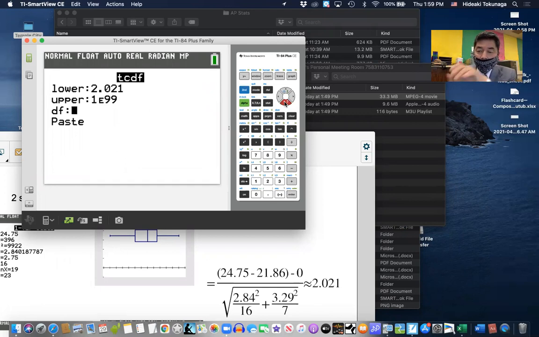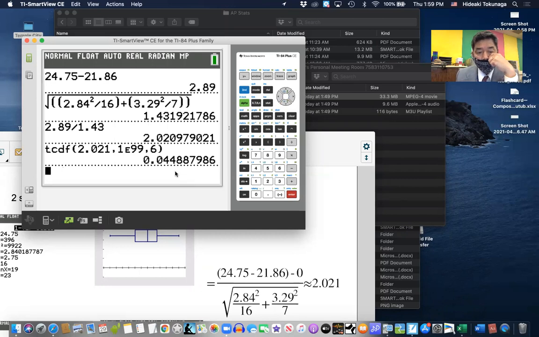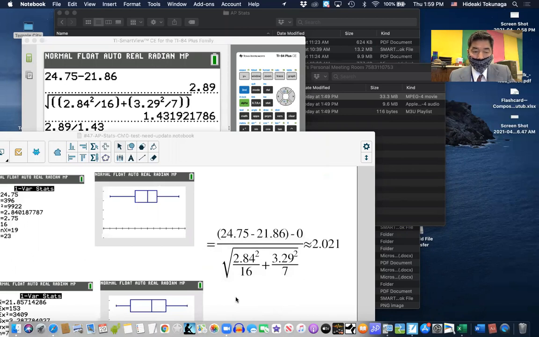The athlete mean is less than the regular students' mean. So it's 7 students minus 1, which is degrees of freedom 6. Okay, paste: 0.0448, which is tiny.